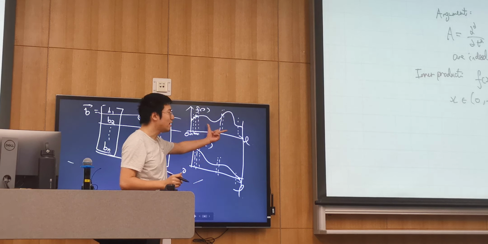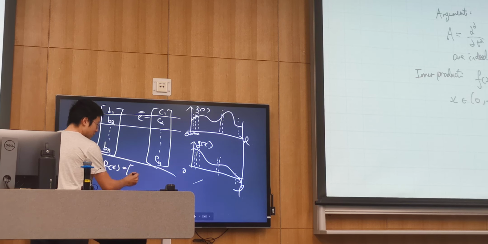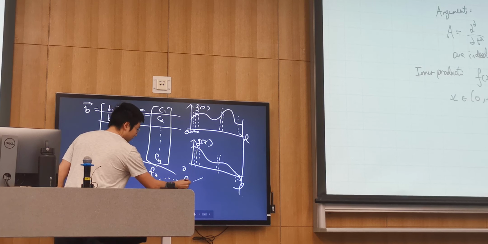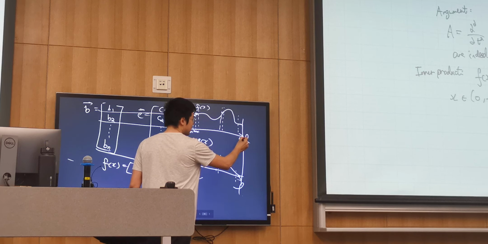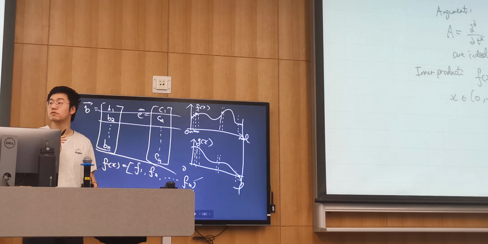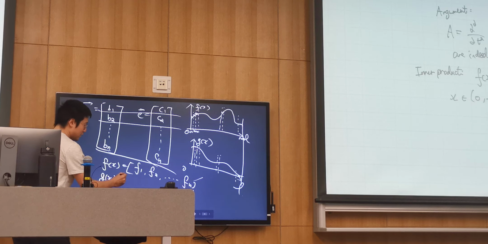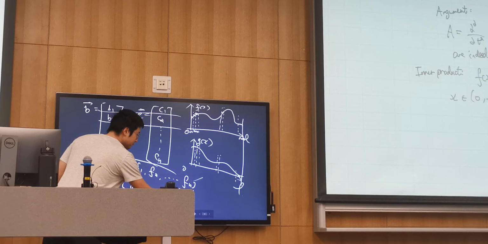Now my f(x) is essentially represented by f1, f2, to fn, if there are n intervals. So far so good? And my g(x) is now represented as g1, g2, until gn.